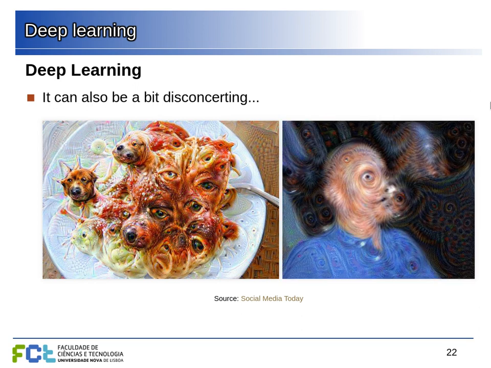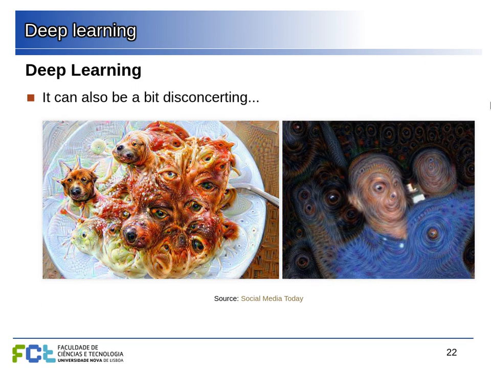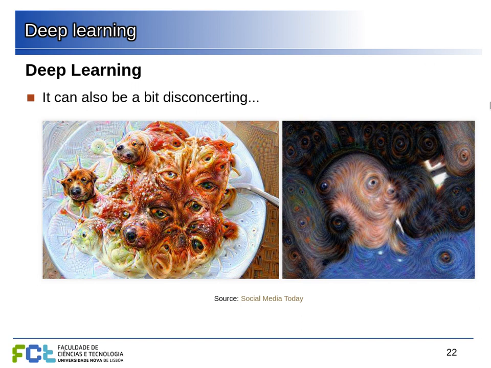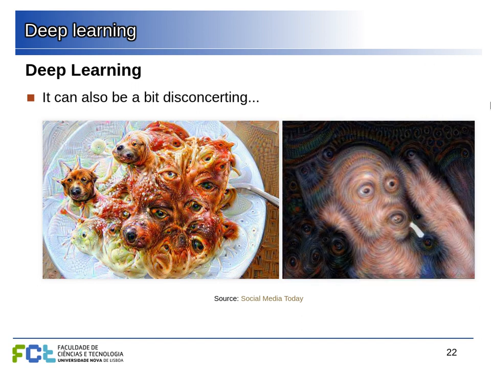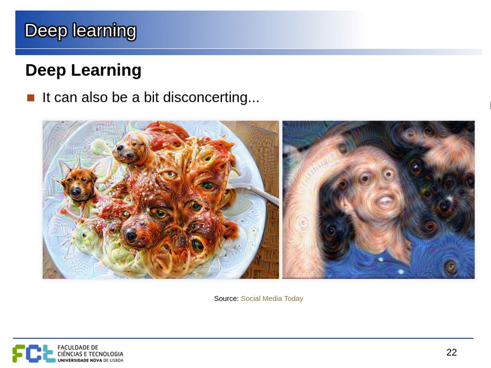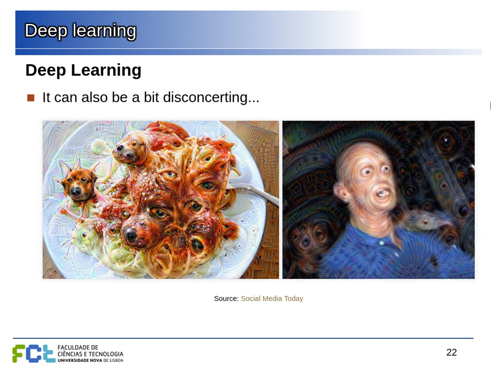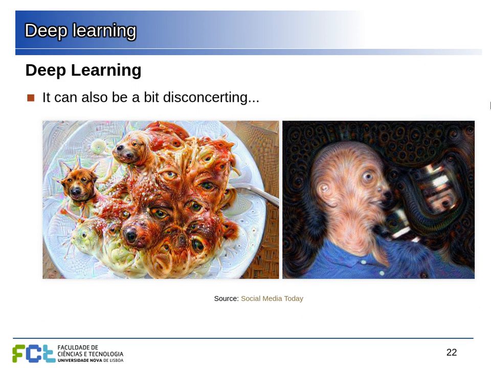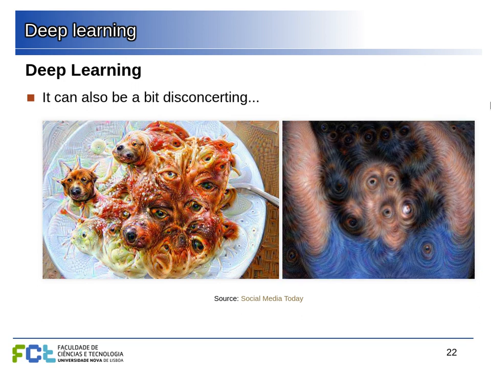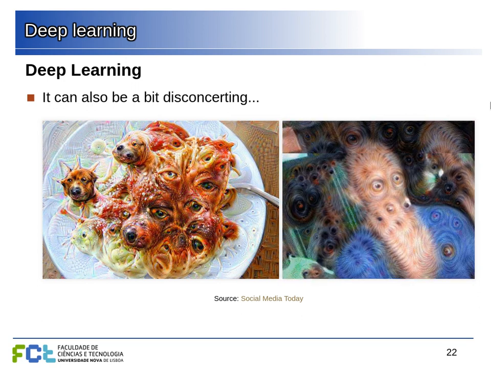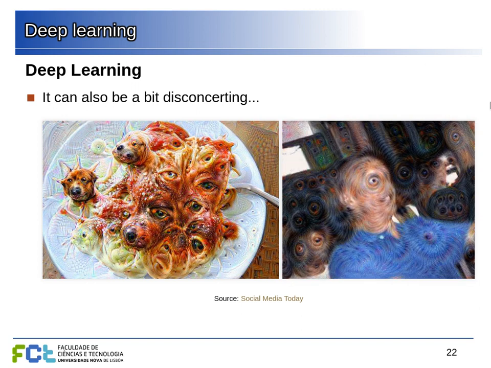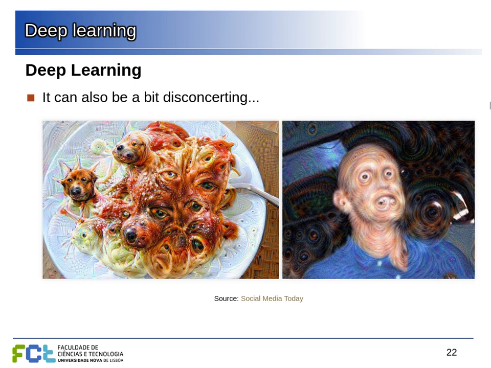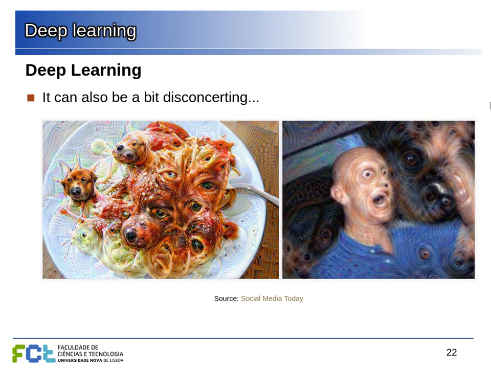So this is representing what would make the network identify in that image the dog faces that it was already half identifying when it was looking at the image. In this case, it's a network trying to identify eyes and doing the same thing there. There's a lot of research in trying to visualize what the network is doing, and also we can use the network in this way to change images and to generate new images.